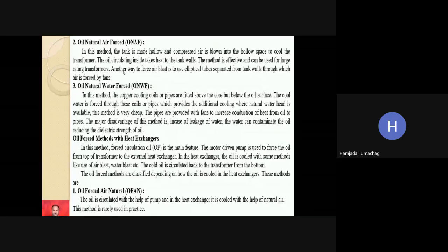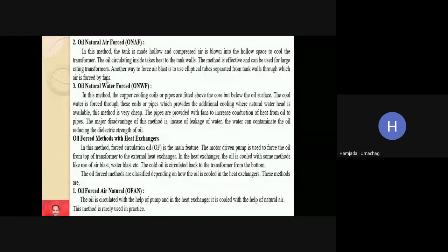Otherwise, we can also make use of elliptical tubes which are separate from the tank walls. Now, how do we collect the heat from the elliptical tubes carrying heated oil? For that, we cool those elliptical tubes carrying hot oil by means of fans.